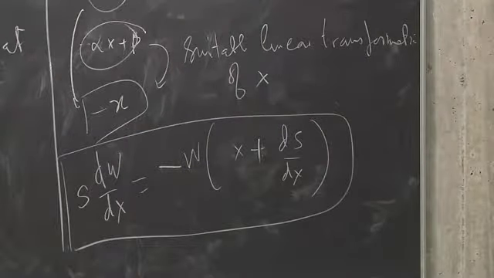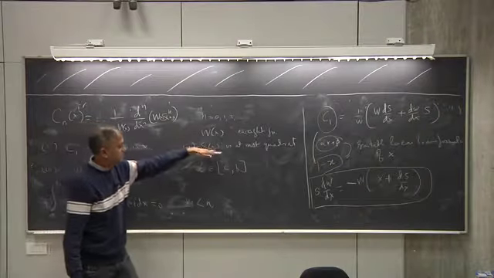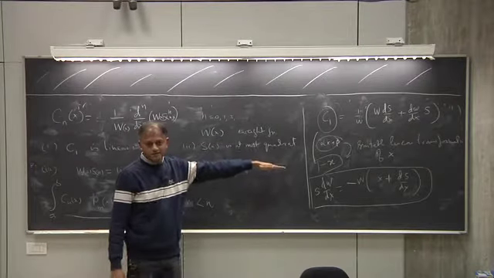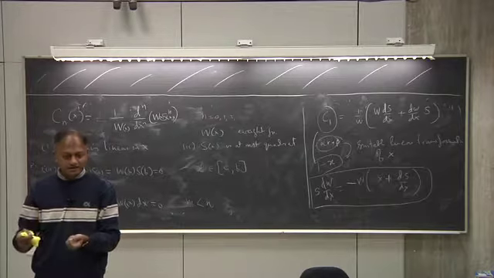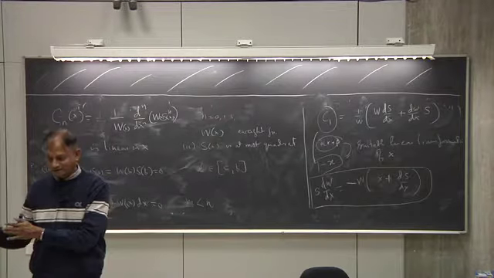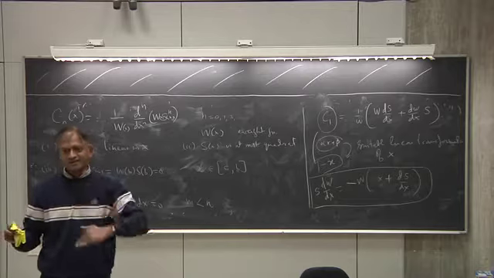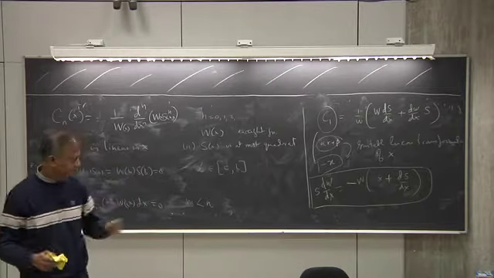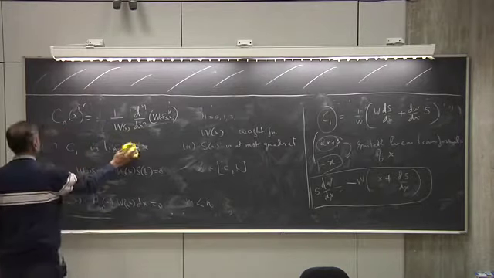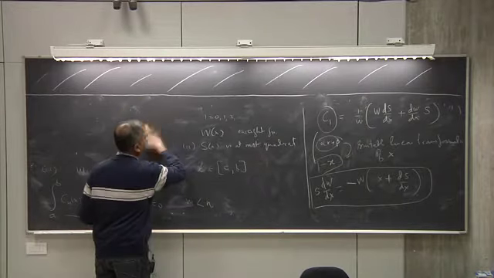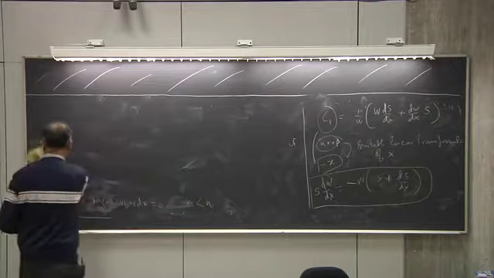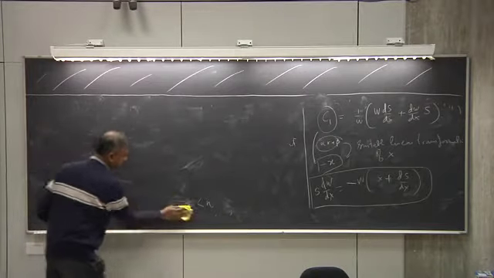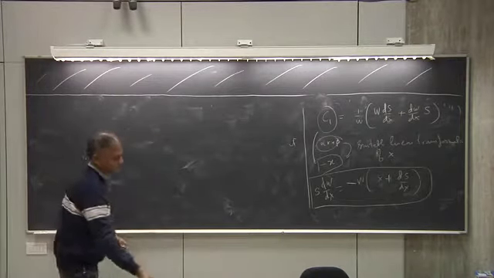Now let's go to the second condition. We said S is at most quadratic, so there are three possibilities: S could be a constant, S could be linear, or S could be genuinely quadratic. Let's take these three cases one by one and see what the implications are.